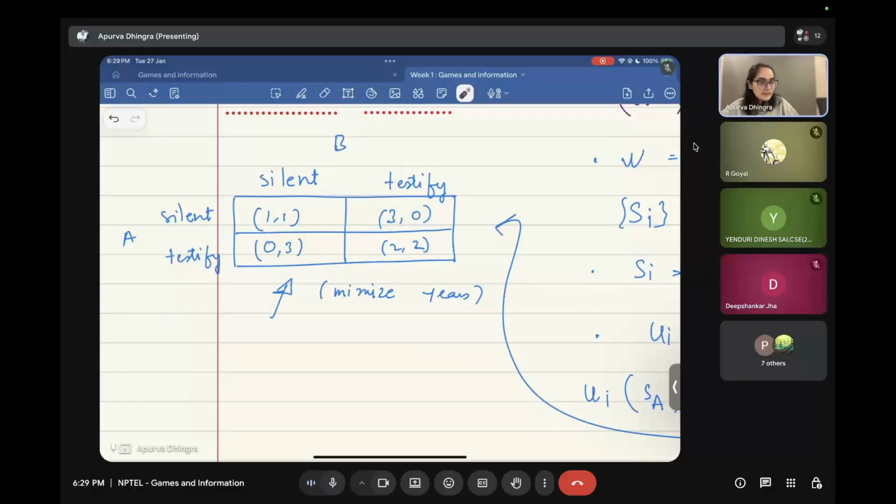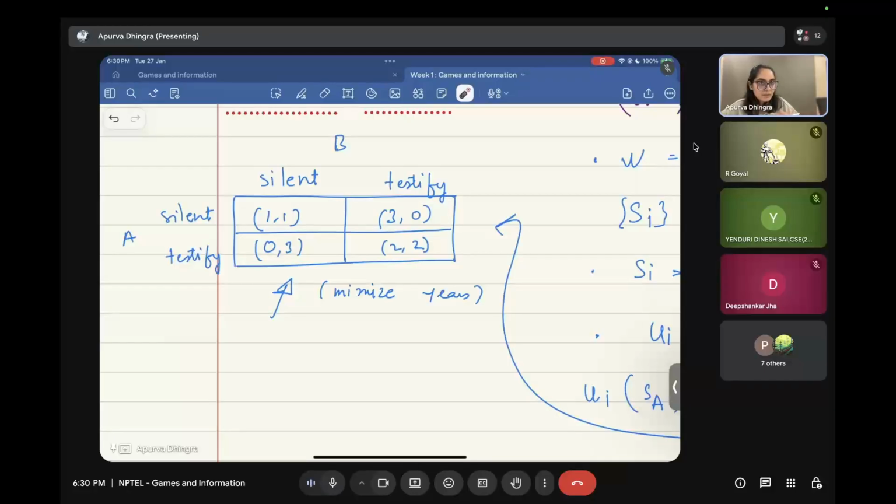So, even though he himself can try and minimize his number of years, he can't confirm what the other one does, and hence it may not be so simple to make a decision. In this problem, it's actually easy to see what should be done, but in general, the difficulty in these types of games is because your utility is dependent on the action taken by the other one, and you don't know what action they actually took. You know the options available, but you don't know what they actually took.